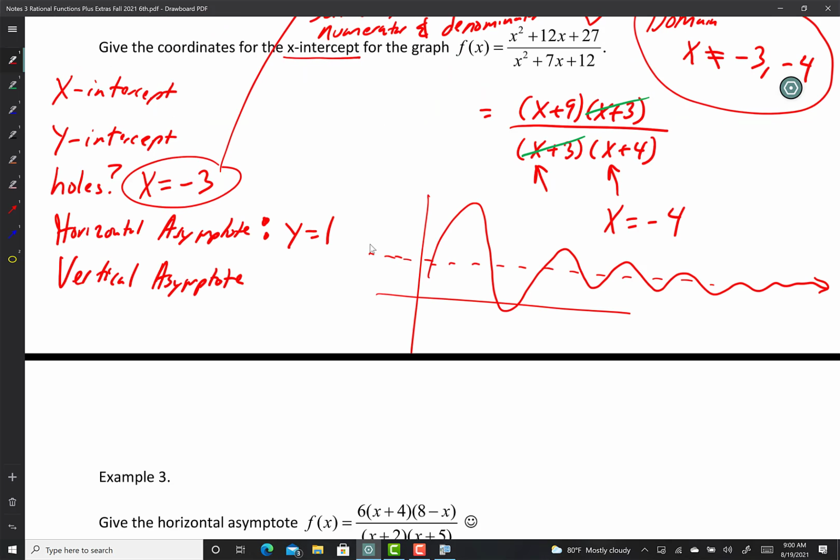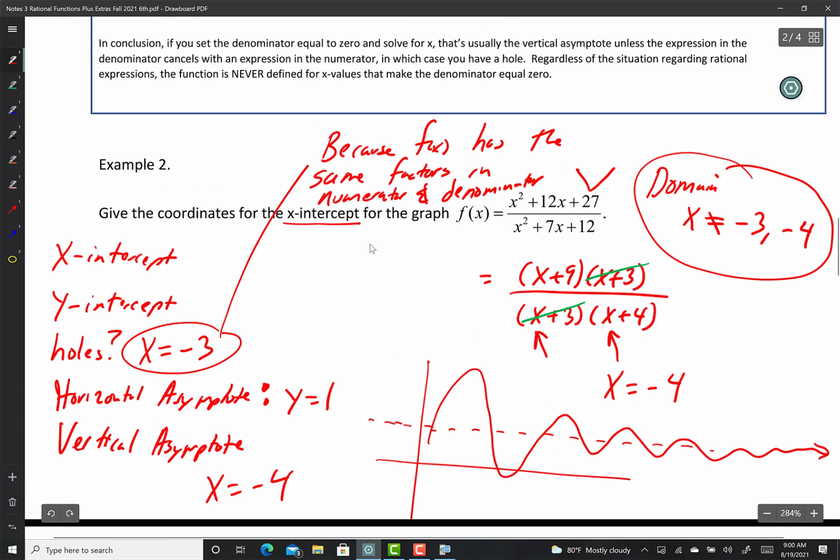Okay, next question, guys. We already got our vertical asymptote, x equals negative 4. So let's open your mind some more. The easiest one to get is the y-intercept, because all you have to do is plug in 0 for x. 0 plus 0 plus 27 over 0 plus 0 plus 12.